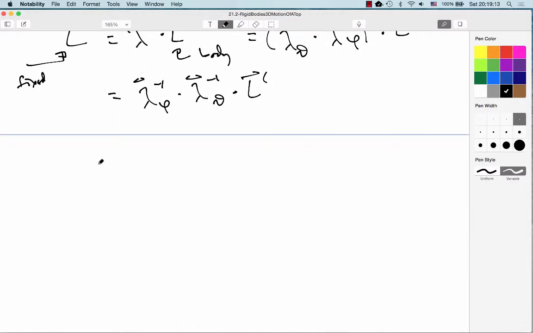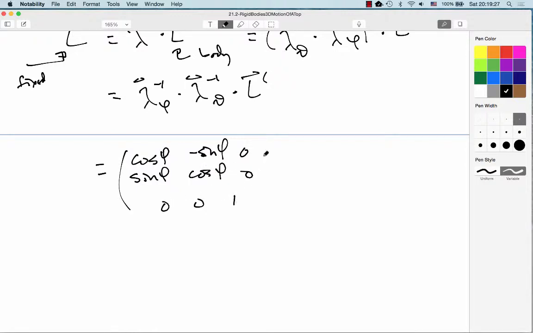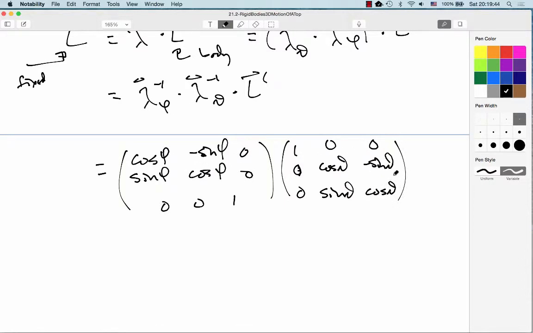All right, so that will be cos phi, minus sine phi, 0; sine phi, cos phi, 0; 0, 0, 1; then 1, 0, 0; 0, cos theta, minus sine theta; 0, sine theta, cos theta. So we moved the minus signs in order to do the inverse, which is also thankfully the transpose, so it's easy to do. Lx prime, Ly prime, Lz prime.